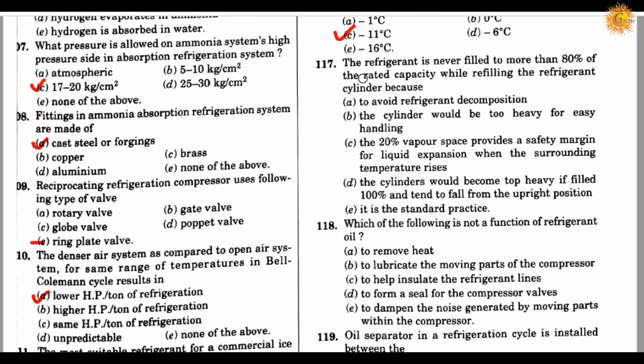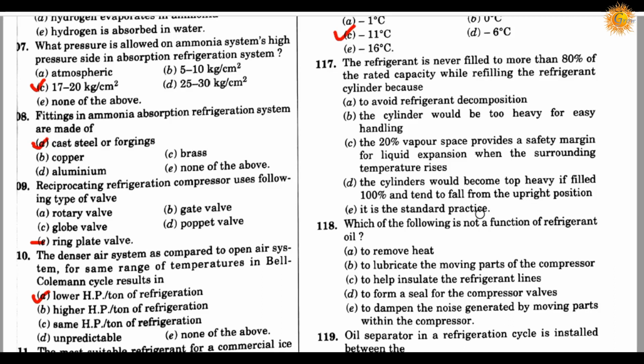Question 117. The refrigerant is never filled to more than 80% of the rated capacity while refilling the refrigerant cylinder because: option A, to avoid refrigerant decomposition; option B, the cylinder would be too heavy for easy handling; option C, the 20% vapor space provides a safety margin for liquid expansion when the surroundings temperature rises; option D, the cylinders would become top heavy if filled 100% and tend to fall from the upright position; option E, it is the standard practice.